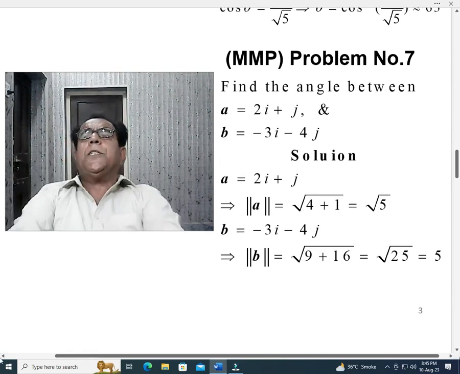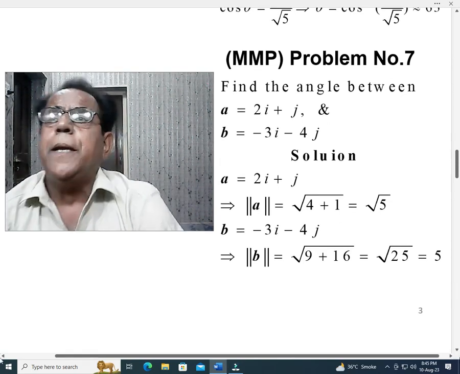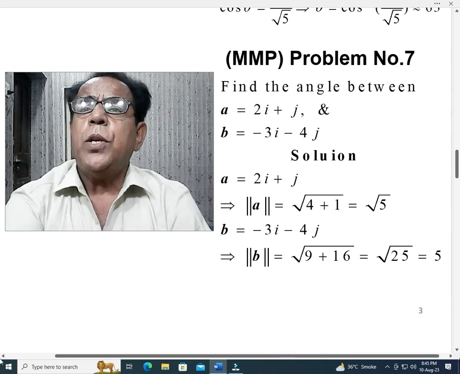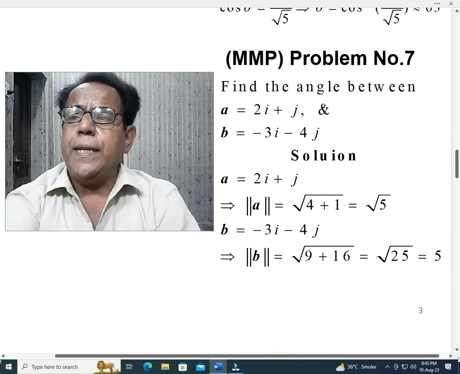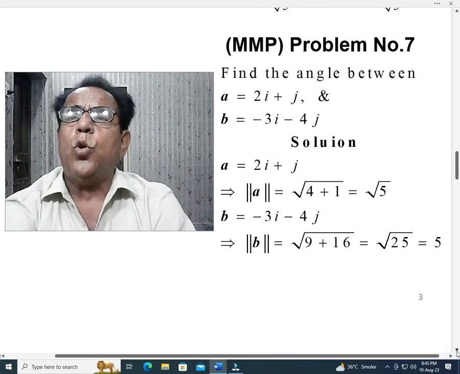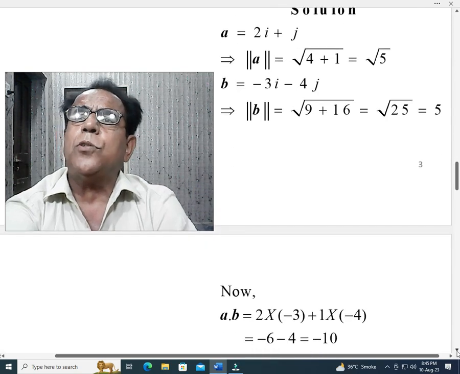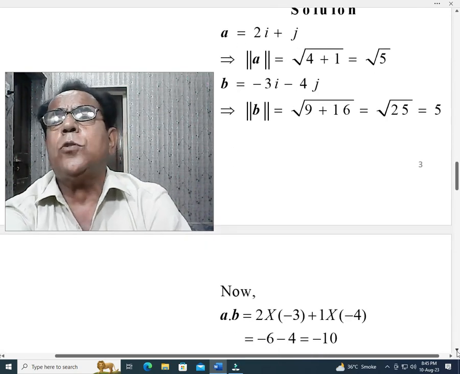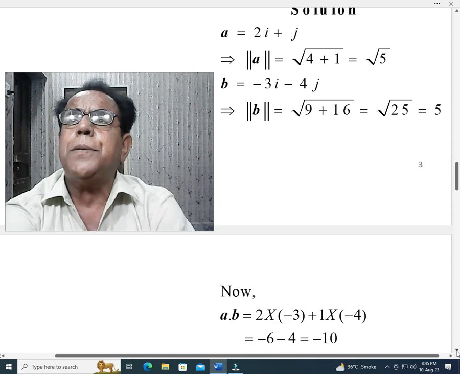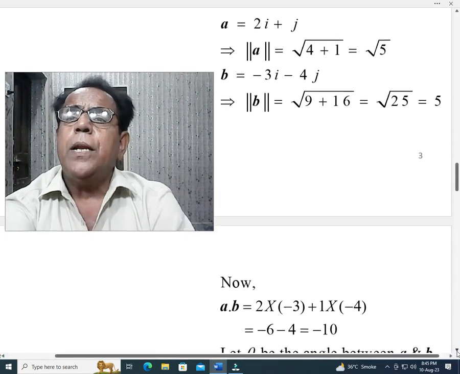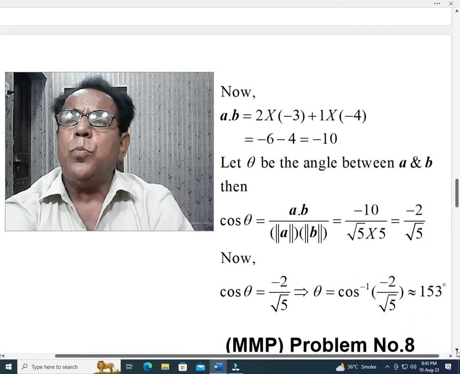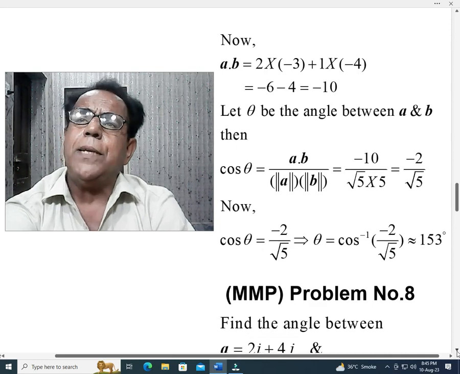Mathematical methods in physics, problem number 7: find the angle between so and so. Solution: when a vector is equal to this, so magnitude of a vector becomes equal to 5 under root. When b vector is equal to this, then magnitude of b vector becomes equal to 5. Now a dot b becomes equal to minus 10, and let theta be the angle between a and b.